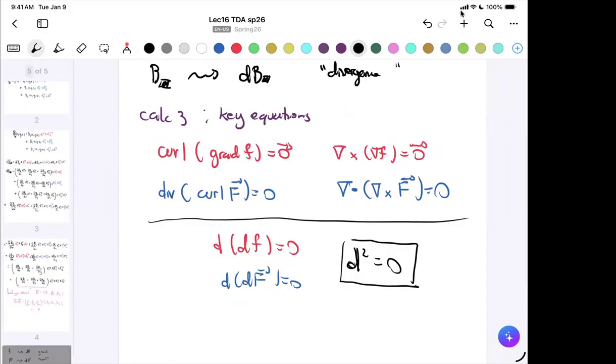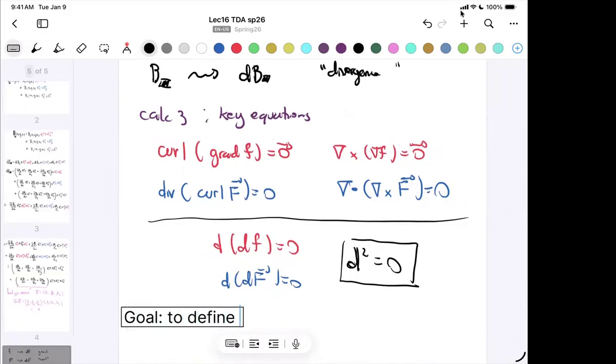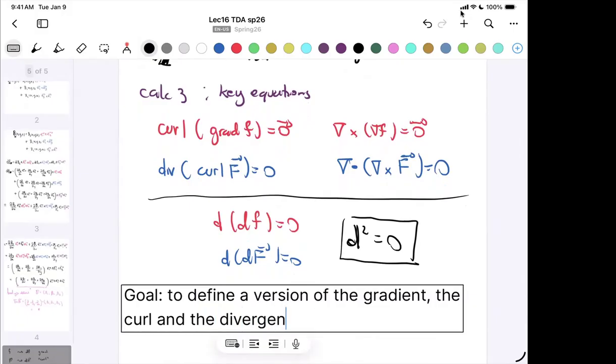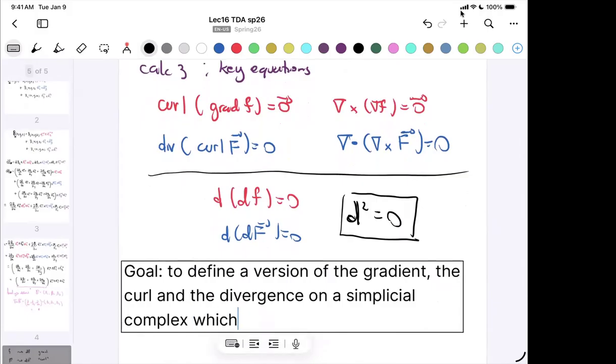So the goal is to define a version of the gradient, the curl, and the divergence on a simplicial complex, which still satisfy these key equations. That is what we're aiming for.